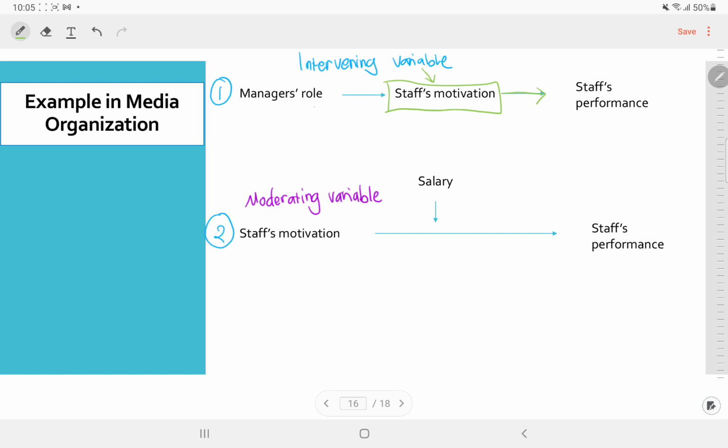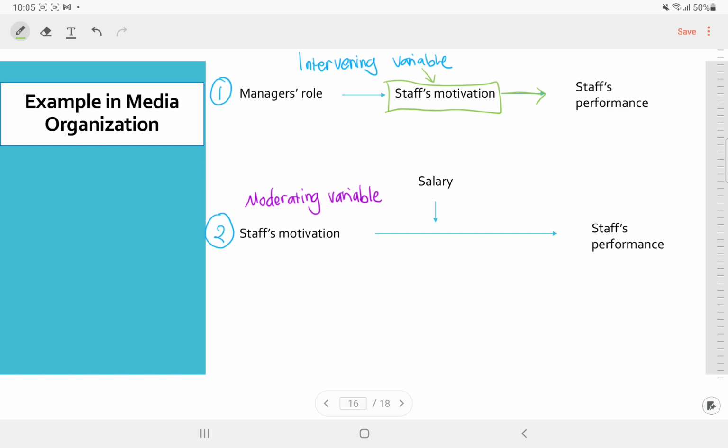You cannot have a direct arrow from manager's role to the staff performance. Okay? You will need the intervening variable.